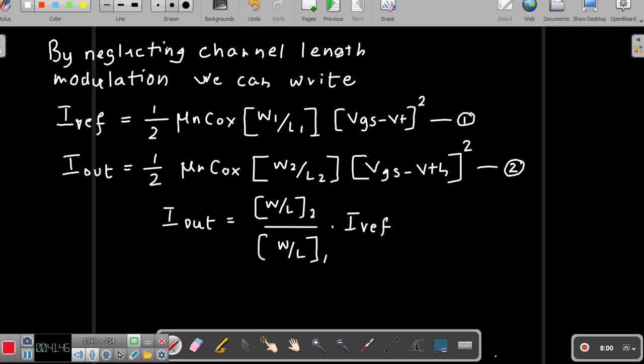So basically a current mirror circuit is used in order to force the output current equal to the input current or the reference current, right?